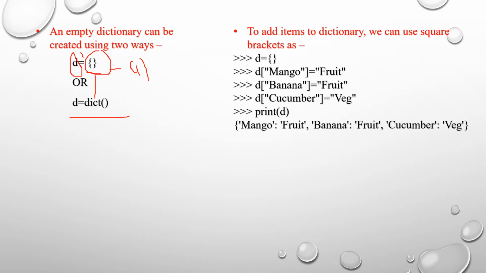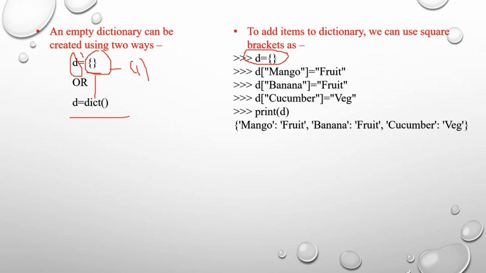So let's consider one example. To add items to a dictionary, we can use square brackets. For example, d is equal to curly braces; this instruction will create the empty dictionary. Now I am going to add items to the dictionary using square brackets.